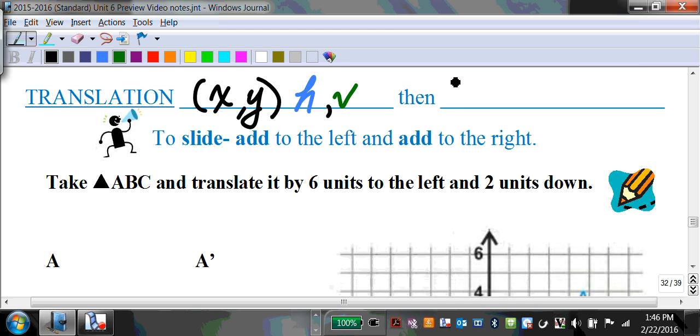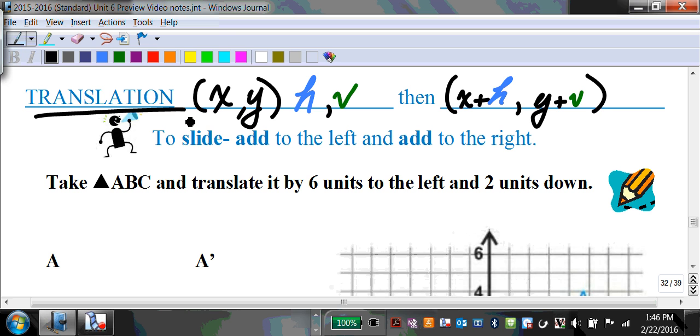And then what you do is you simply add the horizontal motion to the X, and you add the vertical motion to the Y. So you have X, Y, you move by horizontal. So you simply add the horizontal to this.